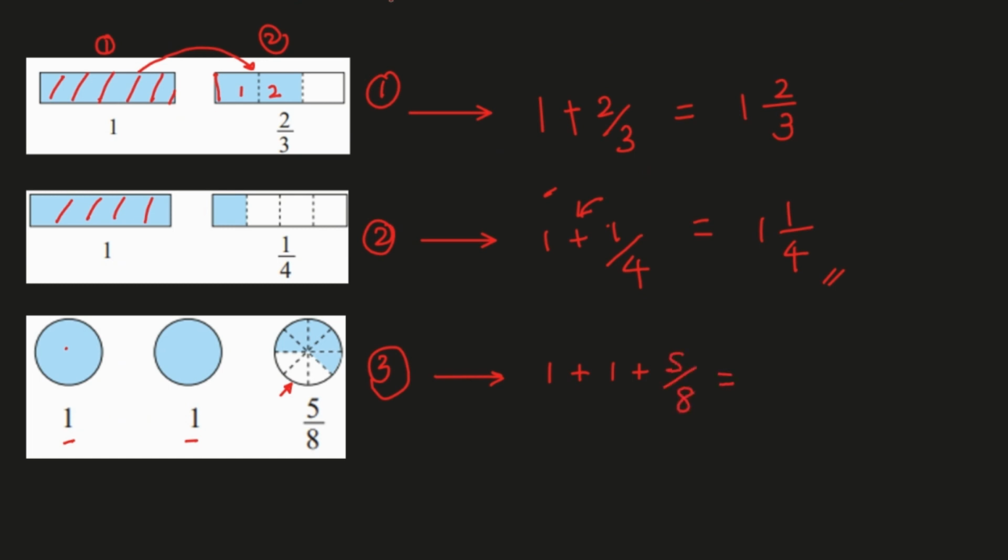We can add the whole numbers separately. 1 plus 1, what is it? It's 2. Then we write the plus sign as it is, then 5 upon 8. So this is a mixed number. We can forget this plus sign and write it as 2 and 5 upon 8.